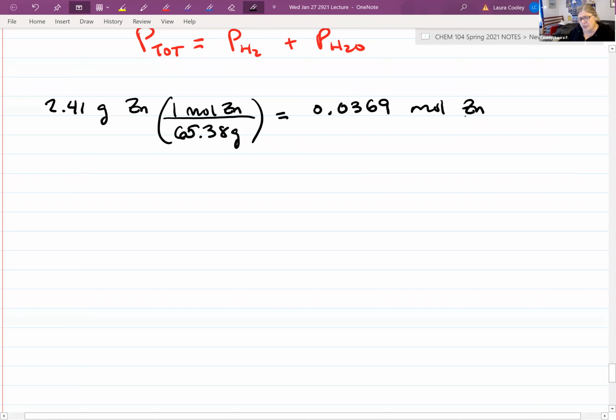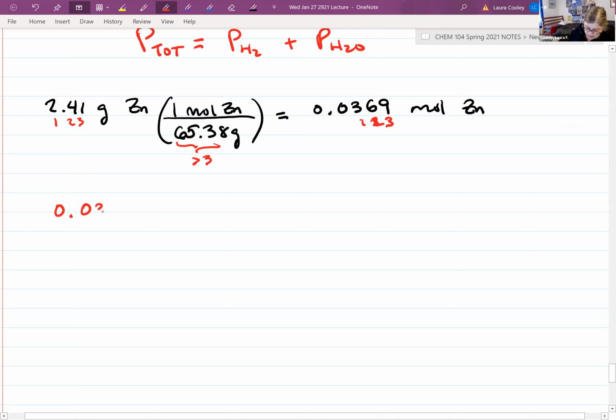And don't just round that to 0.037, right? You're given 3 significant figures here, so you want to keep your 3 at the end. 1, 2, 3. All right. So 0.0369 moles of zinc.